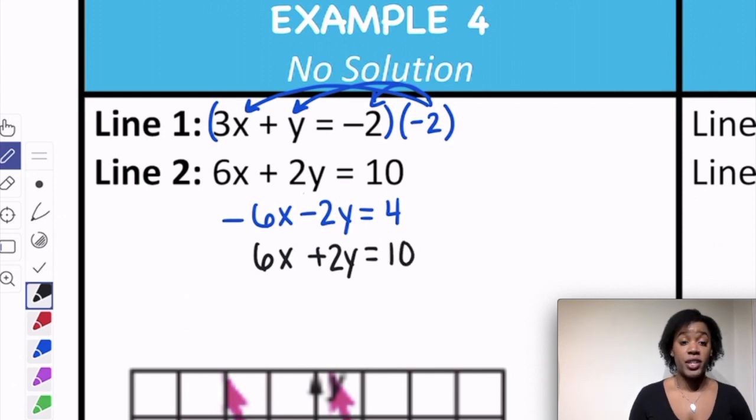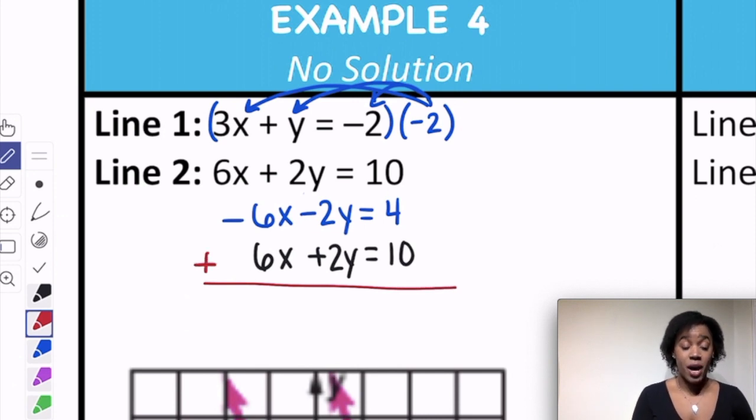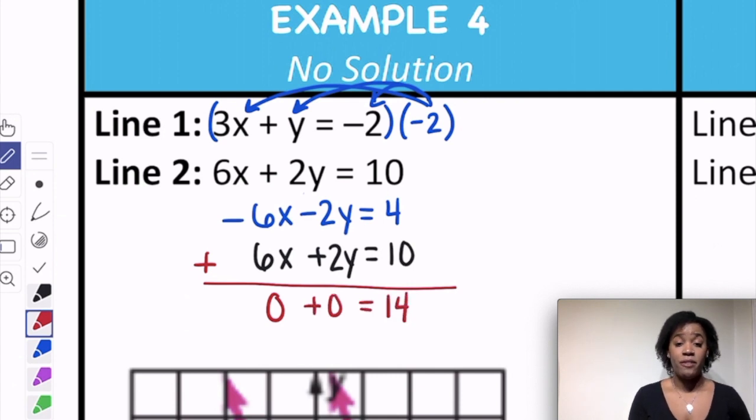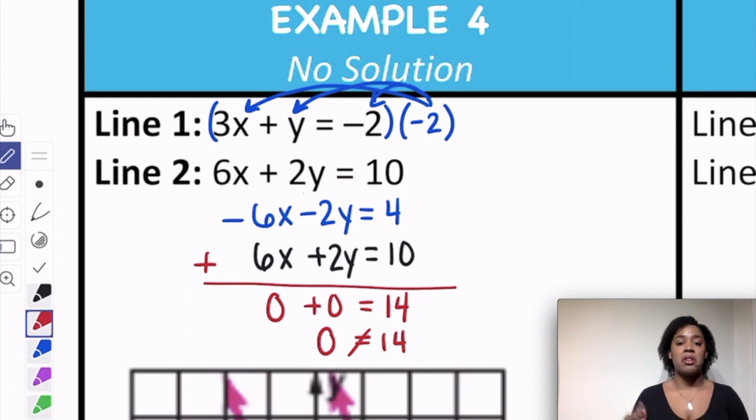I have those perfect conditions, and I can combine the equations, but when I combine them, you're going to see that we're going to have 0 on the left-hand side, and we have 14 on the right-hand side. In no world is 0 equal to 14. It's never going to happen, right?